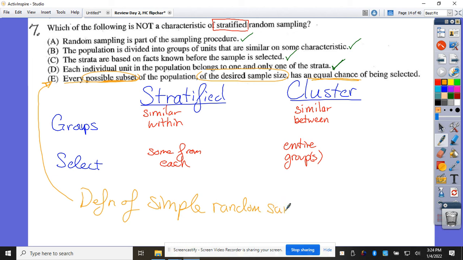There are not many things that I can say I pretty much guarantee they're going to be a multiple choice. The definition of simple random sample I pretty much guarantee is going to be somewhere in the multiple choice. So, is this the same thing as a stratified? No. So this is the one that does not apply, so your answer is B.